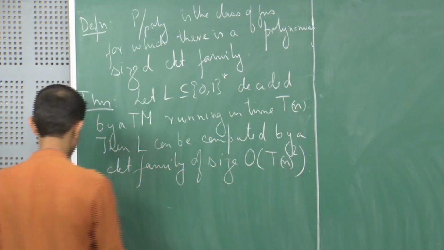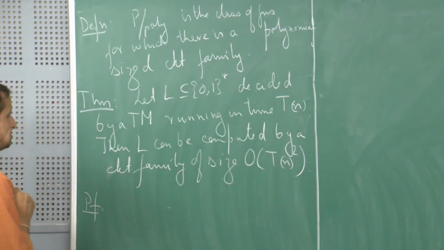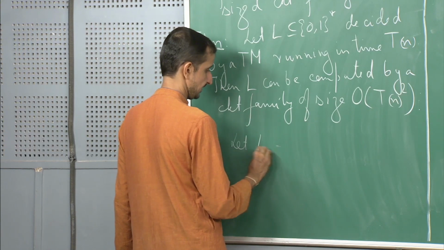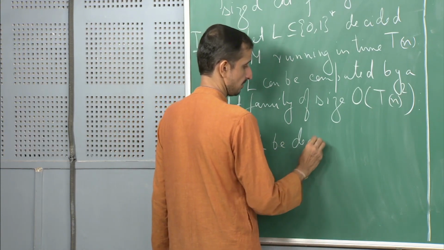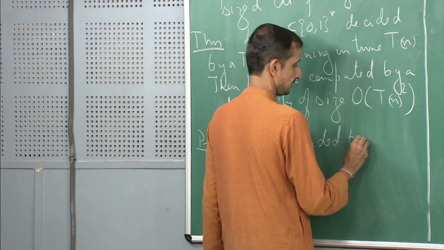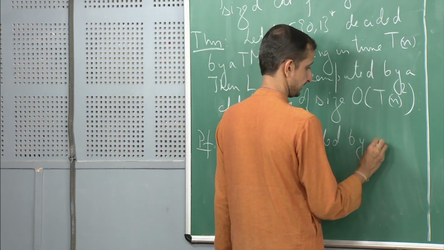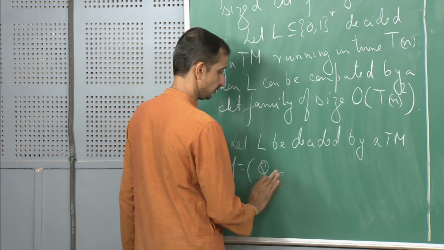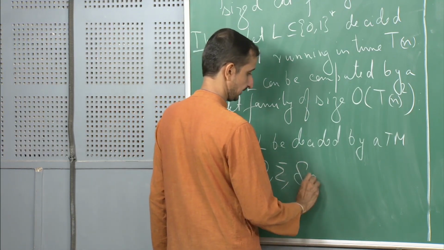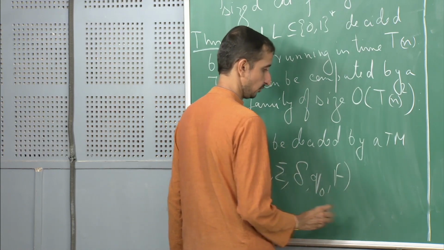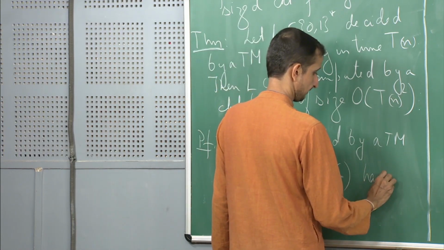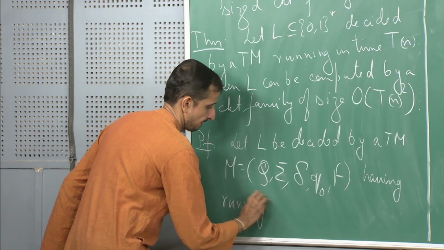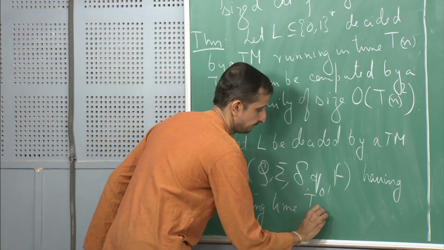Let L be decided by a Turing machine M equal to (Q, sigma, delta, q0, F) having running time T of n.